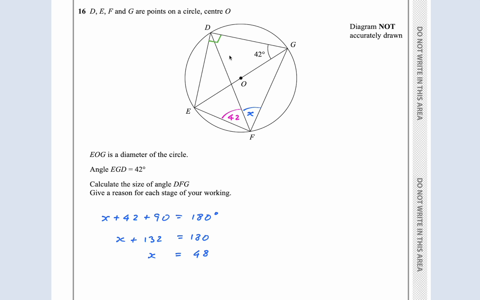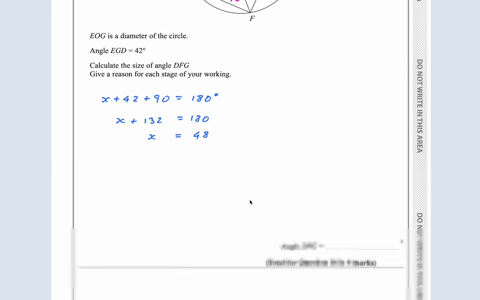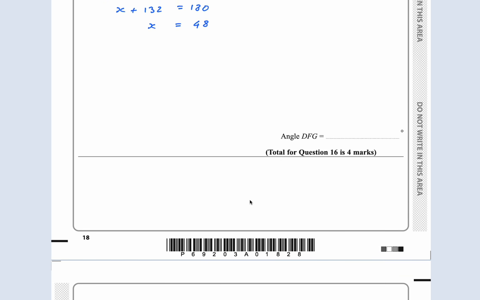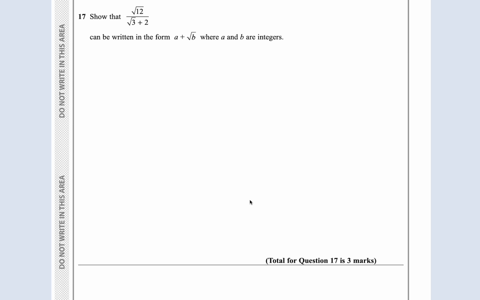You have to say this is 90 degrees because angle in a semicircle is 90 degrees. And then you finally have to say these two add up to 180 because opposite angles in a cyclic quadrilateral add up to 180. So you have to give the reasons. Okay, it's 48.